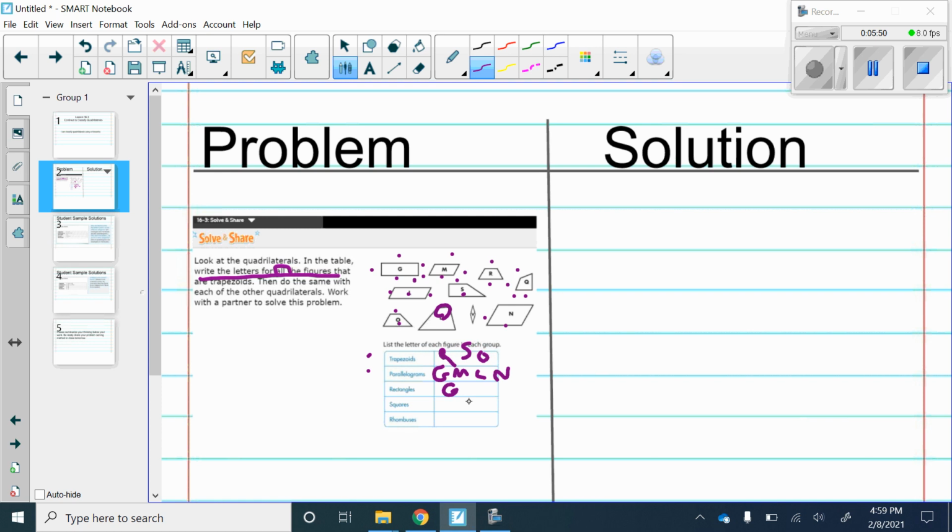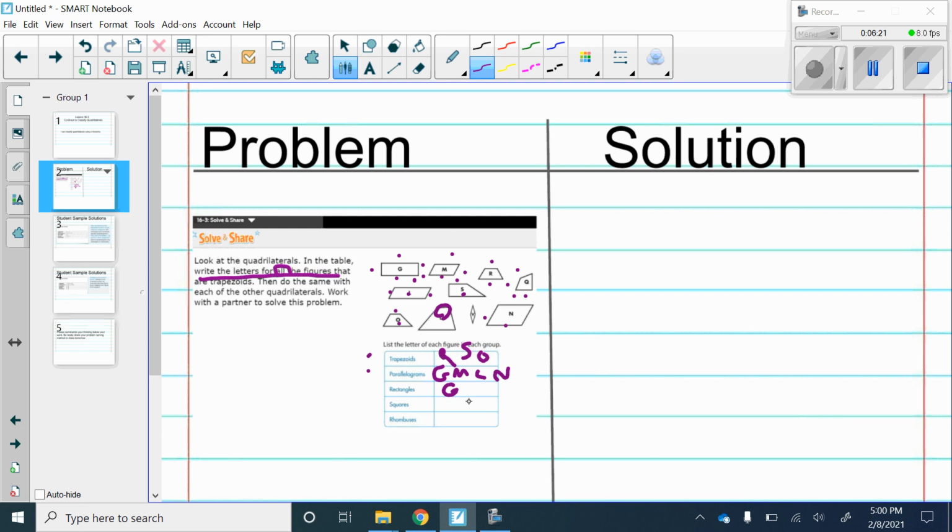R and O are the same. They don't have equal sides or all equal angles. Neither does L, S, U, V, or N. Next is a square. Remember, a square has equal sides and equal angles. Right now, I do not see any of the shapes that would be a square because we need all equal sides and all equal angles.